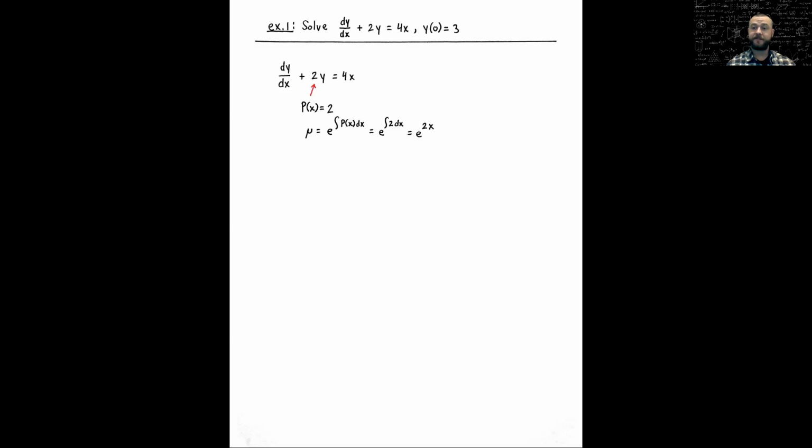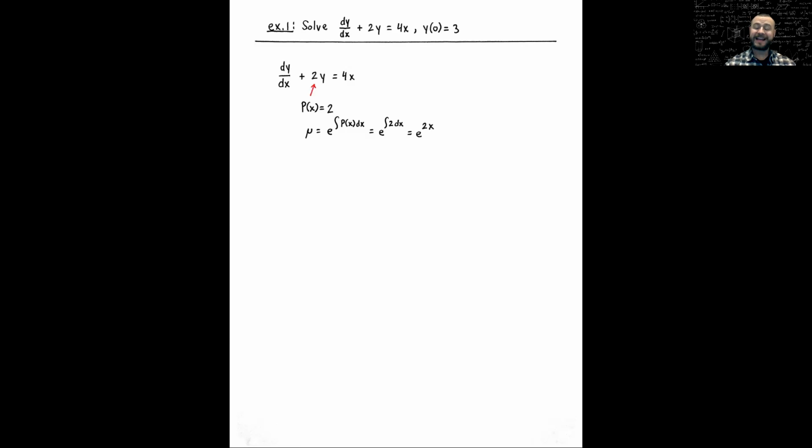So here we identify P of x as 2, and the integrating factor is very simple. The integral of 2 would become 2x. Again, you can avoid including the plus C there. So you get as your integrating factor mu equals e to the 2x. I hope that was pretty straightforward.